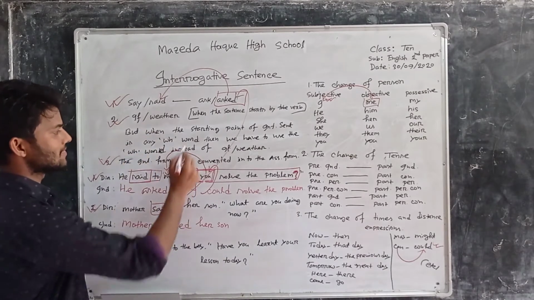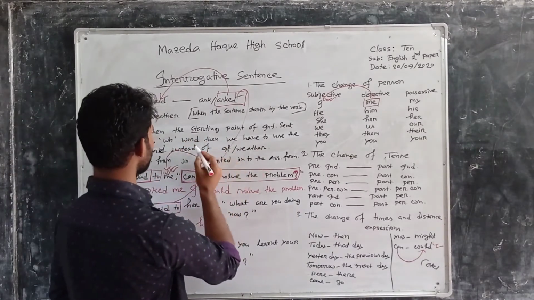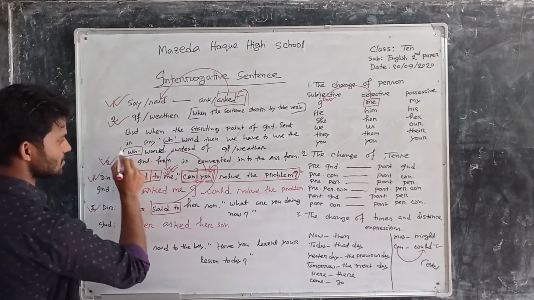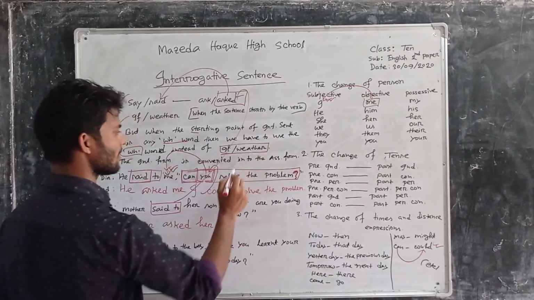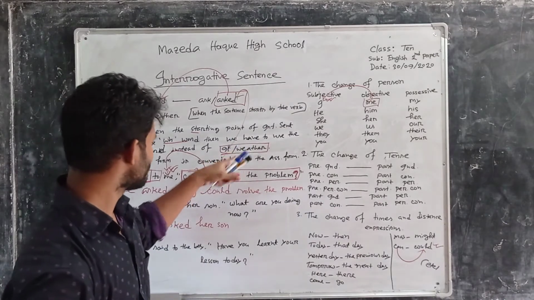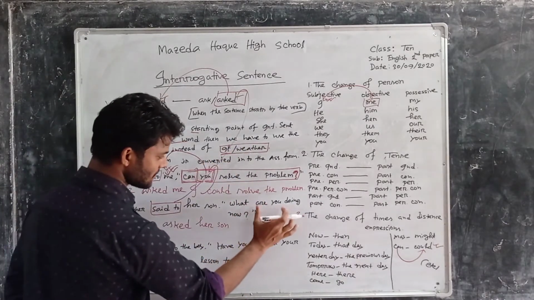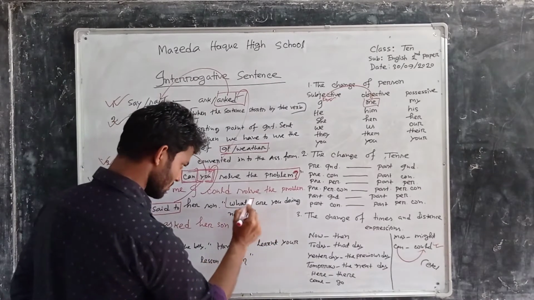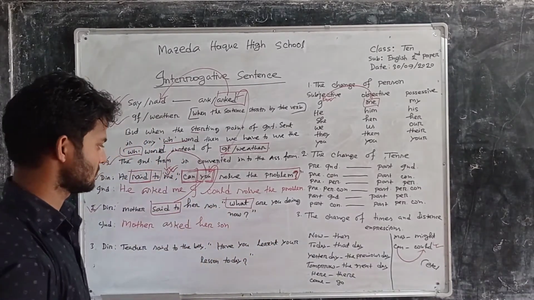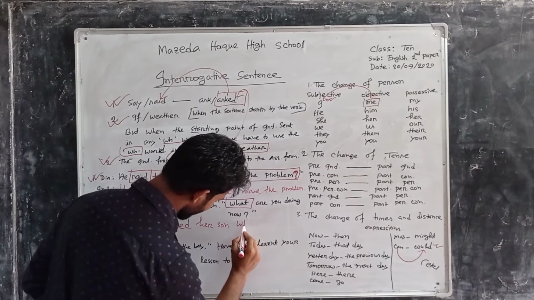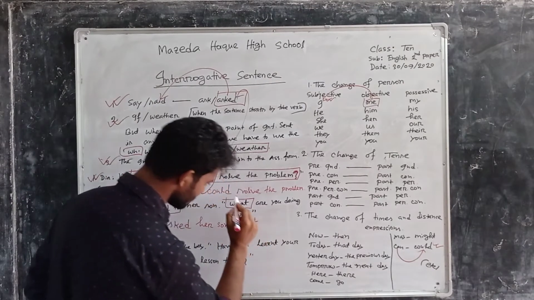If the starting point is a WH word, we have to use the WH word instead of if or whether. We need not use if or whether, as the starting point of this sentence is a WH word. So we will set the same word, what.